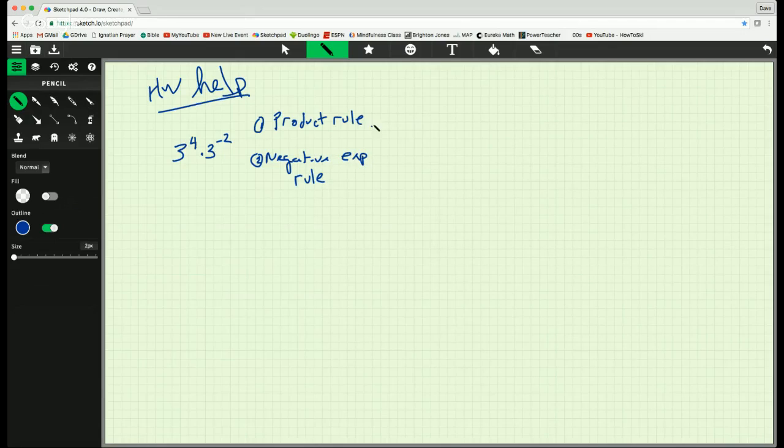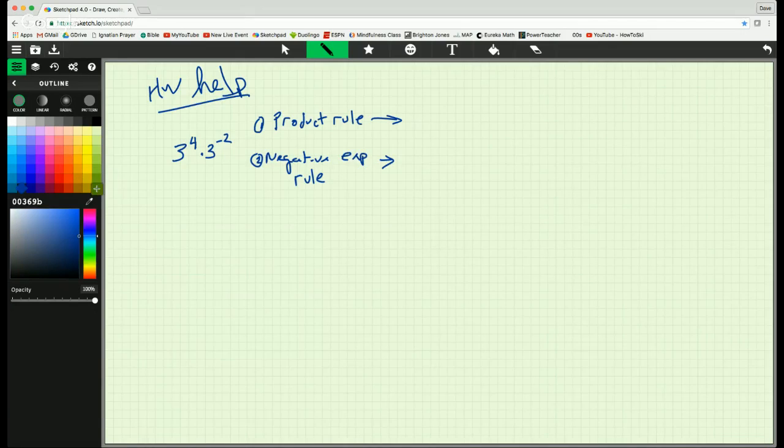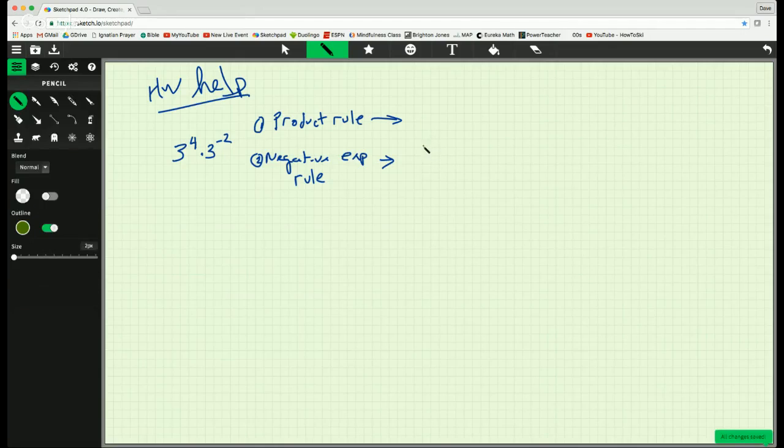And we'll see that we get the same answer. I'm going to do the negative exponent rule first. So 3 to the 4th times 1 over 3 squared, right? 3 to the negative 2 is 1 over 3 squared.